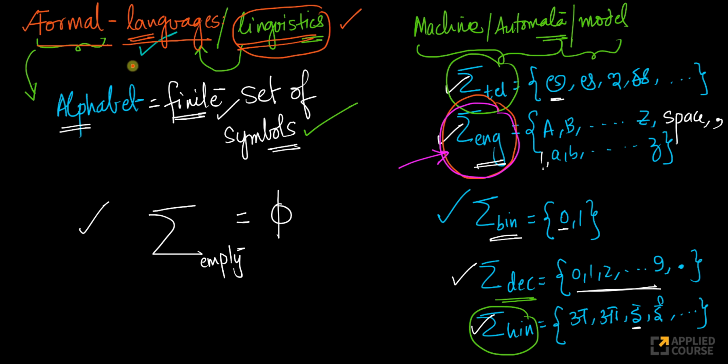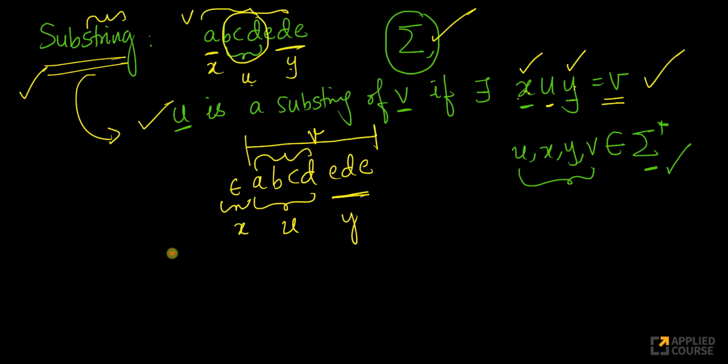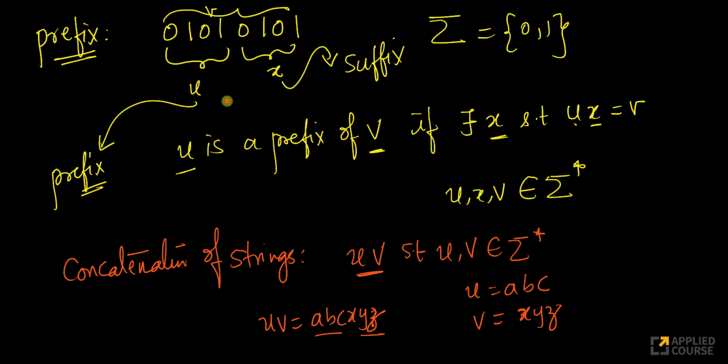A formal language is what we will study in theory of computation, and we'll see a deep relationship between formal languages and the machines, models or automata that we'll learn later. The core concepts here are alphabets, strings, languages and grammars. Of course, substring, prefix, suffix and concatenation are fairly simple concepts to absorb.